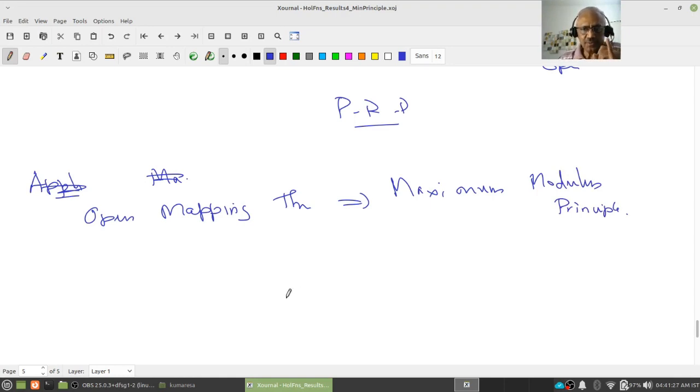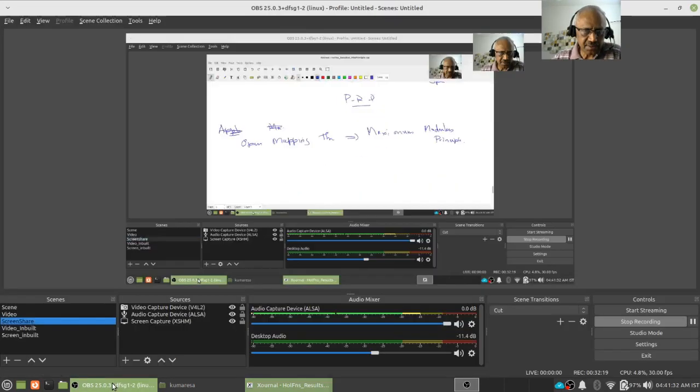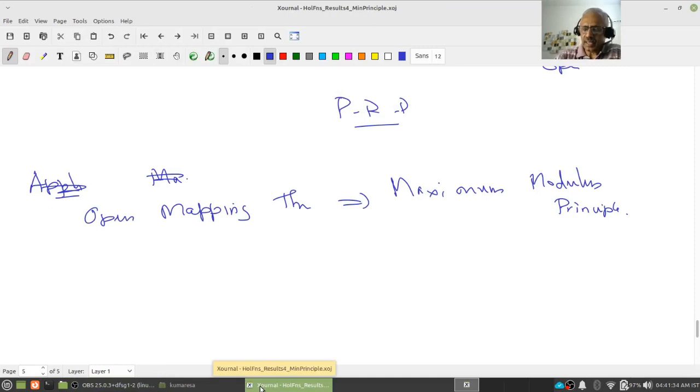See, I used maximum modulus principle to prove minimum modulus principle, and I used minimum modulus principle to prove open mapping theorem. Now I am going to prove open mapping theorem implies maximum modulus principle, right? But later in the course we will give a direct proof of open mapping theorem. Therefore, it will follow. Maximum modulus principle implies open mapping theorem, and open mapping theorem implies maximum modulus principle. Therefore, they are logically equivalent statements.